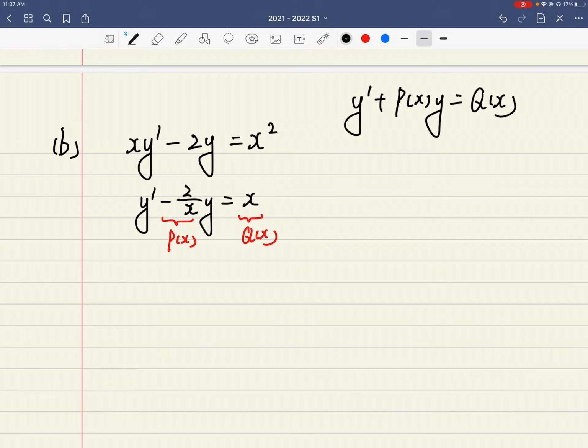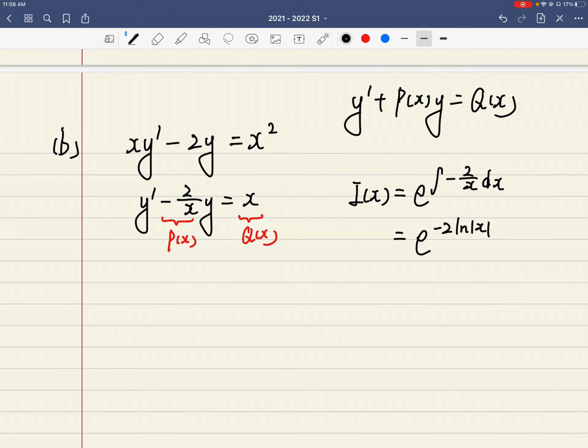So to get the answer, you first need to get the integrating factor, right? Which is e to the power of, you integrate negative 2 over x dx. So here, if you integrate it, there will be e to the power of negative 2 ln absolute value of x. Because if you integrate the negative 2, you can put it in front, and 1 over x, the integral is ln absolute value of x.